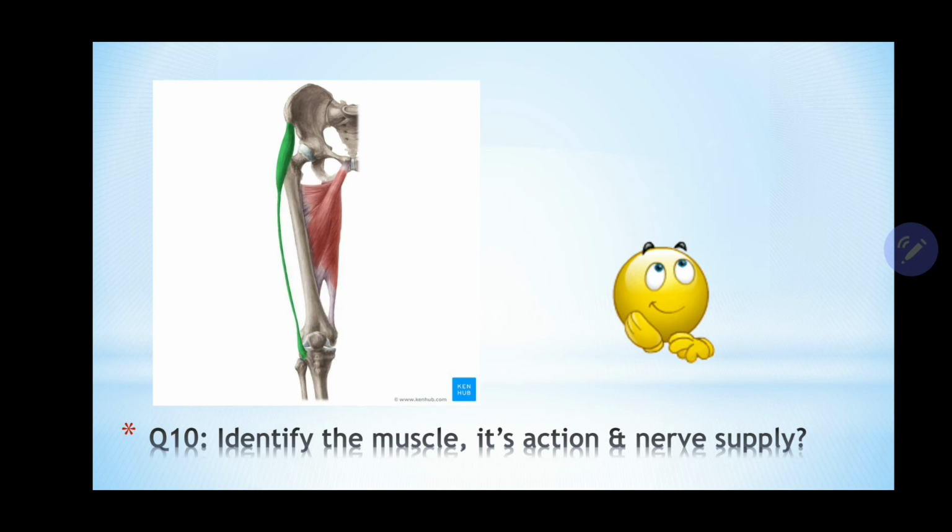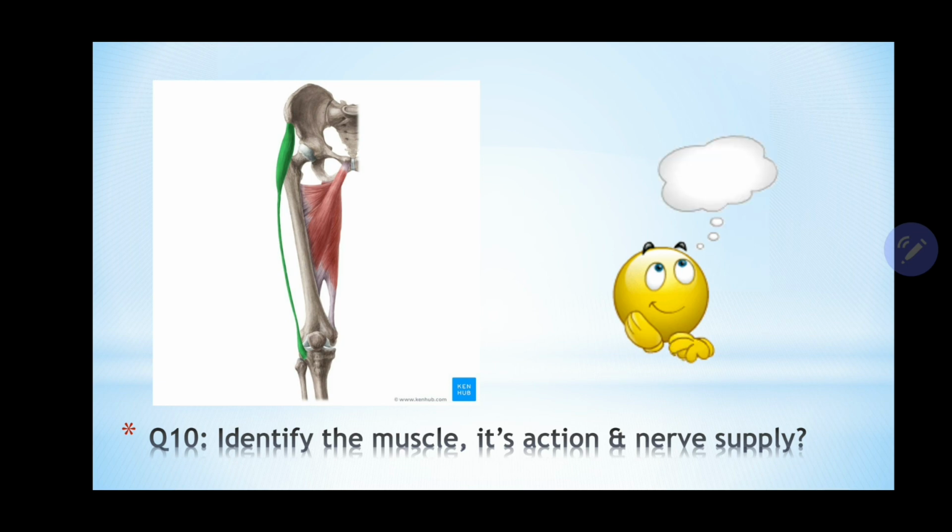So to remember the actions of tensor fasciae lati, it will be very easy if you remember the actions of gluteus maximus, and you just have to antagonize those actions, right? So remember, gluteus maximus was pulling it behind, causing lateral rotation of the thigh. So this muscle will be pulling it on the medial side, so it will cause medial rotation of the thigh, right?